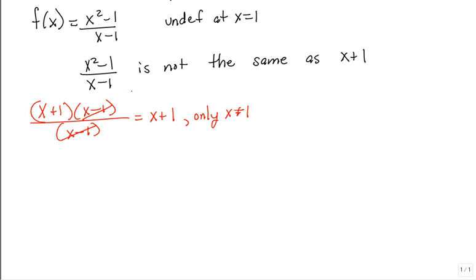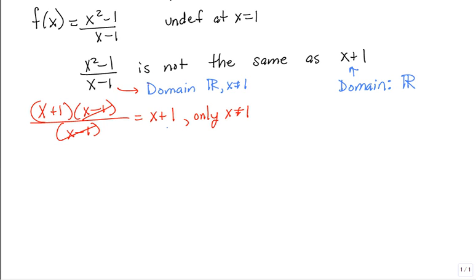In the first case, the domain for this problem is all real numbers. X can't be 1. The domain for this problem is all real numbers. So it's important that you see that those two functions are not the same.